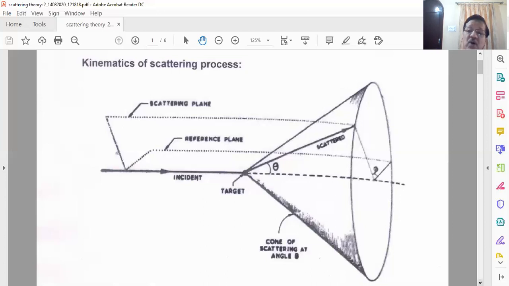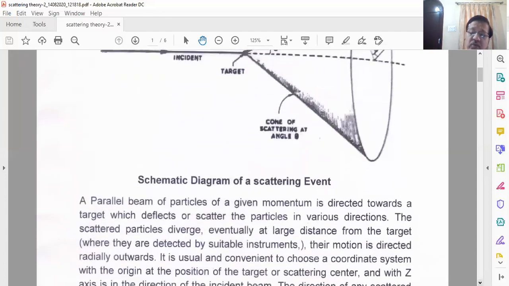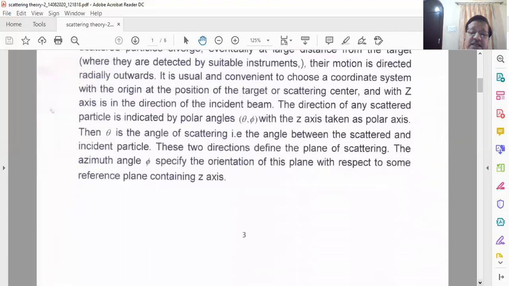So in order to understand the scattering amplitude, you should know about the differential scattering cross section. I have discussed it last time. Let us revise it before we proceed to the scattering amplitude.